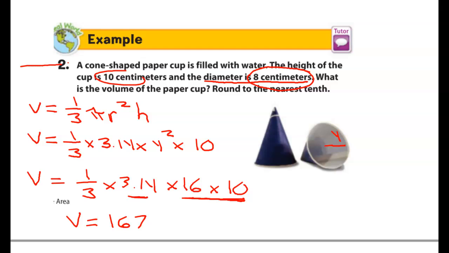Let's take that 0.46. It's like 46 cents, would be closer to 50 cents. So we're going to round that to 167.5. Well, what do we have here? We've got centimeters, and make sure that when you guys are dealing with volume, you cube that.